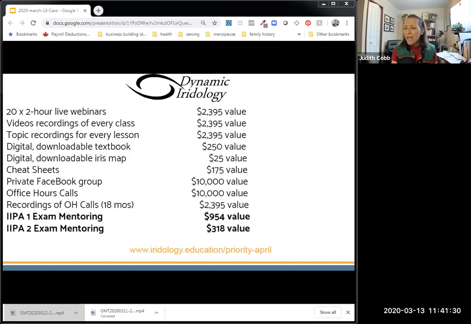Most teachers make you pay to be mentored if you want to certify with IPA. And most of them charge between $500 and $1,000 US for that. So if you've already paid $2,200 for your course and $250 for your textbook and $25 for your map, and now you need to pay another $500 or $1,000 for your exam mentoring, that's getting pretty pricey, right?